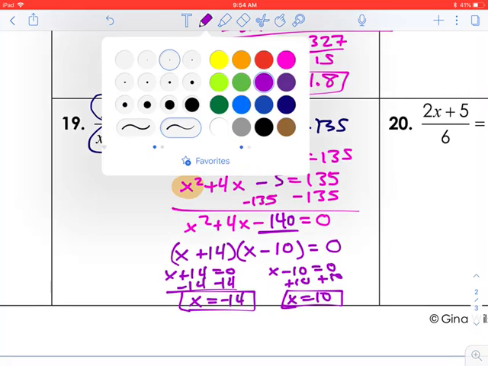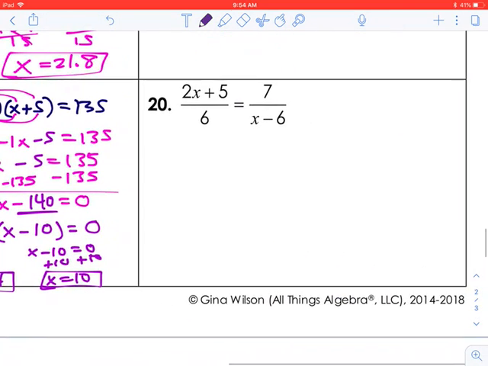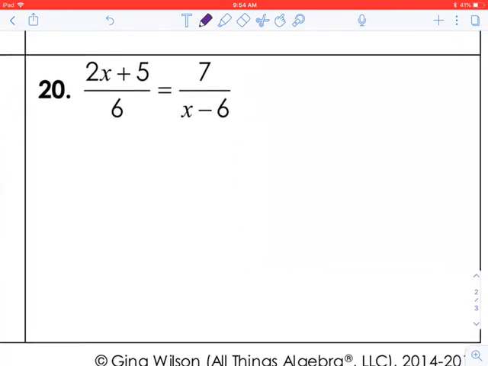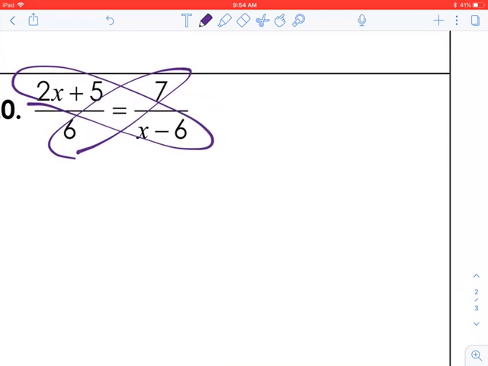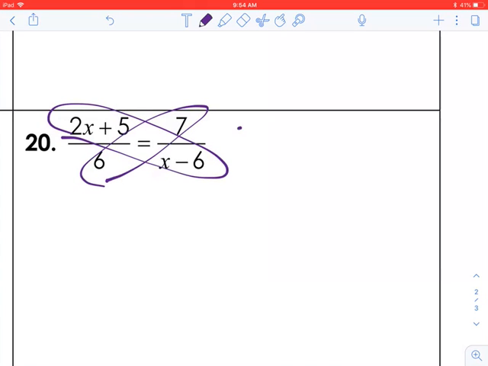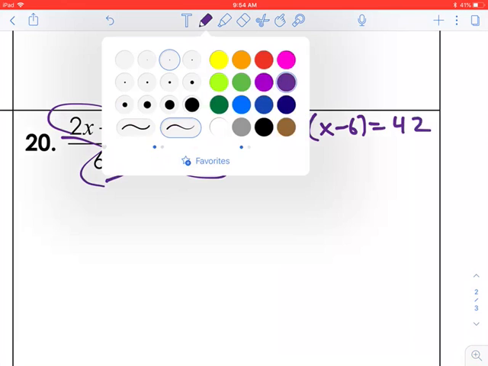Okay, so let's check this one out here. It might have a different answer. We can factor, or we can use the quadratic formula as well. So I've got (2x plus 5) times (x minus 6) equals 6 times 7, which is 42. Again, distribute.